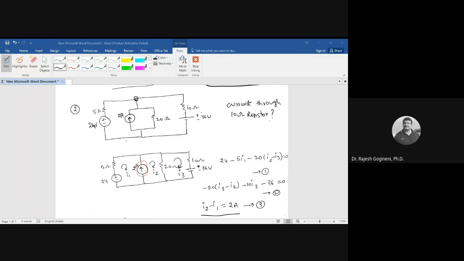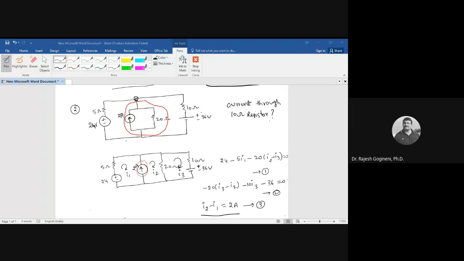Source transformation. Can we apply source transformation to the circuit at any point? Say yes or no. See, if you observe this part, what is that red circled portion?